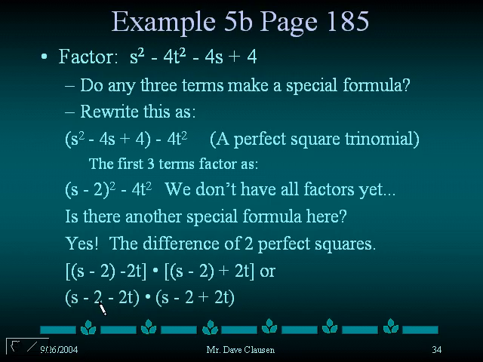So it's s minus 2 minus 2t times s minus 2 plus 2t. So we have two trinomials actually. And to check that out, we'd have to think of triple the distributive property. s gets multiplied by everything, the negative 2 gets multiplied by everything, the negative 2t gets multiplied by everything.